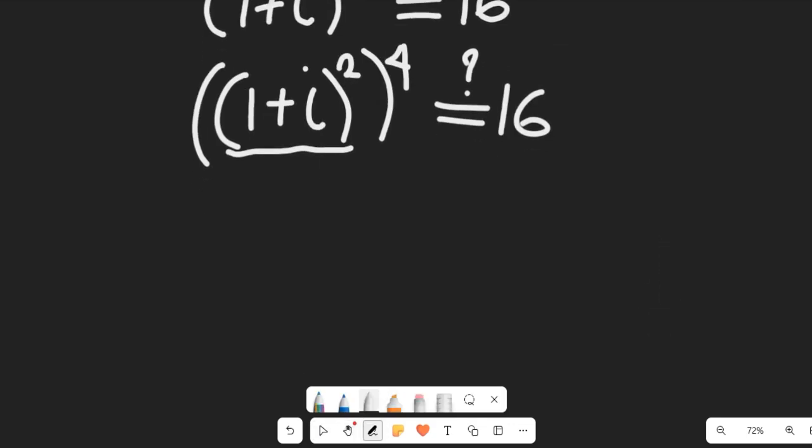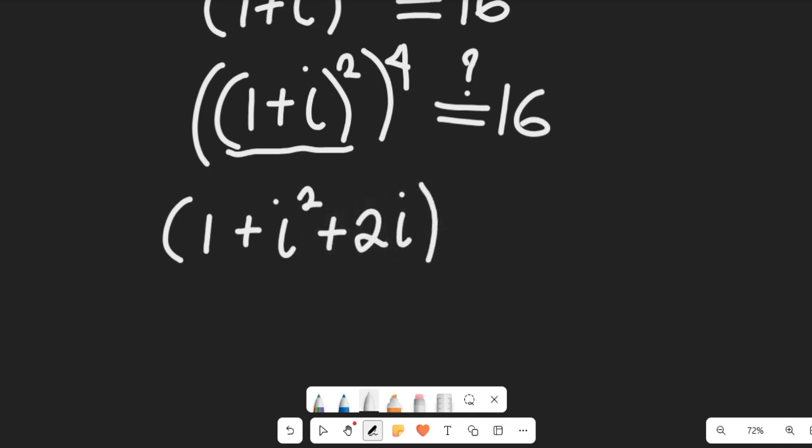Expanding, I'm going to have 1 + i^2 + 2i, all to the power of 4. Will it be equal to 16?